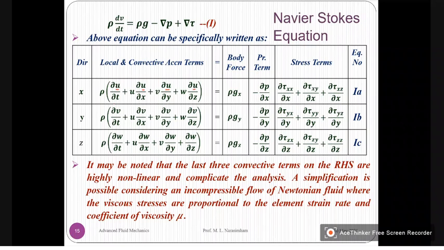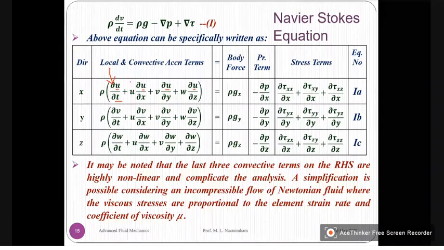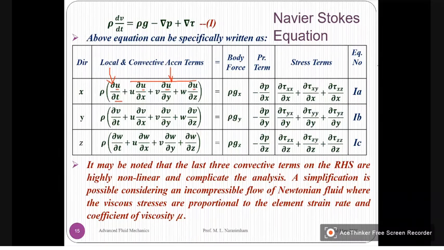This is ∂u/∂t, which is local acceleration, and ∂u/∂x, ∂u/∂y, ∂u/∂z, which is the convective acceleration.